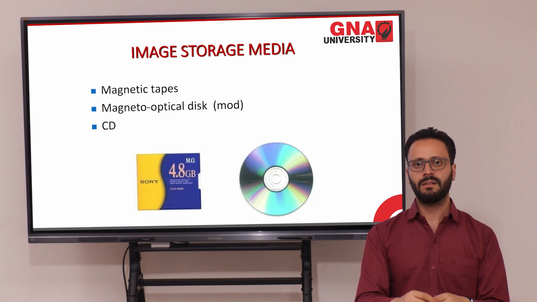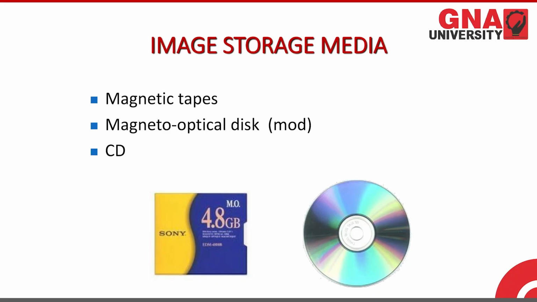Now, in early times, image storage was done on media like magnetic tapes. Then an advancement came and we started to use magneto-optical discs. After that we started to use CDs, the compact disc.